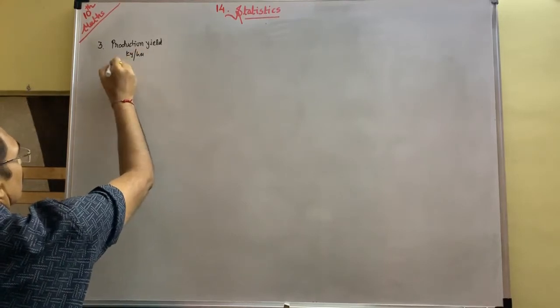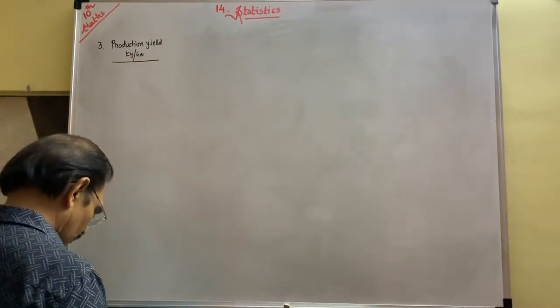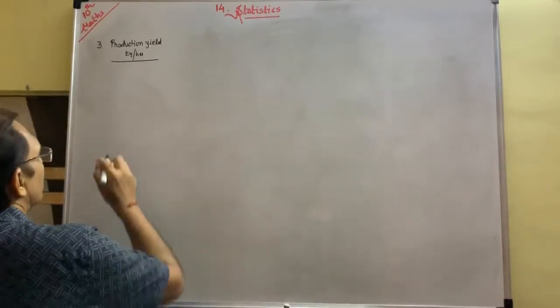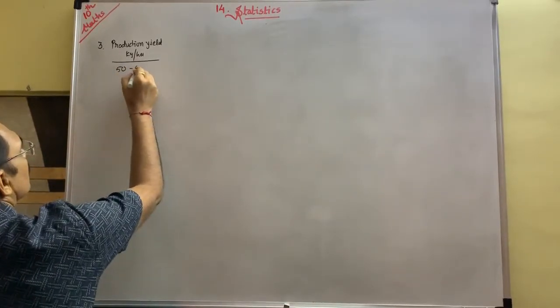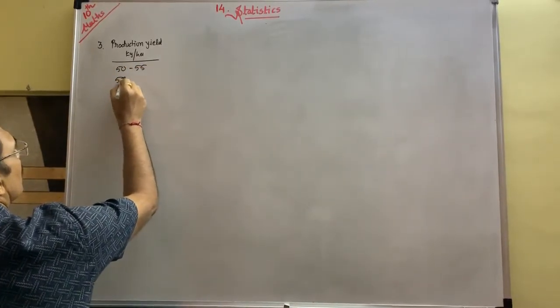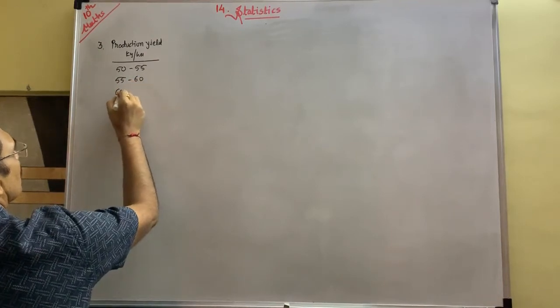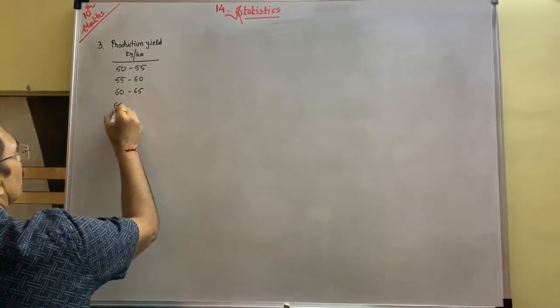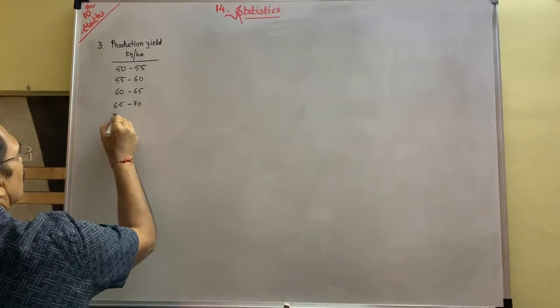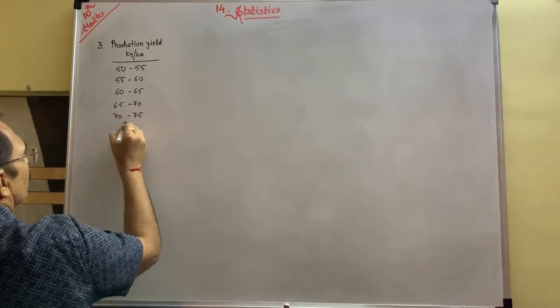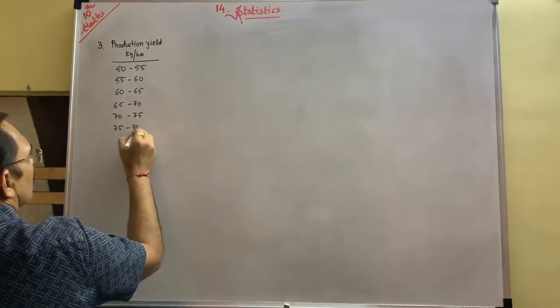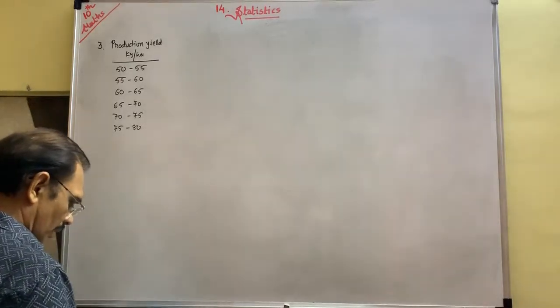Production yield in kilogram per hectare: 50 to 55, 55 to 60, 60 to 65, 70 to 75, 75 to 80.